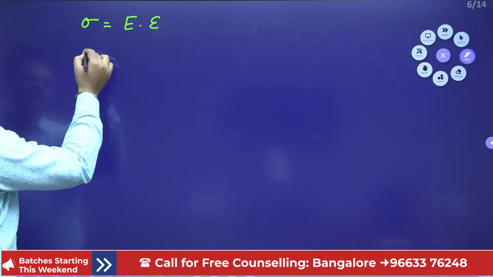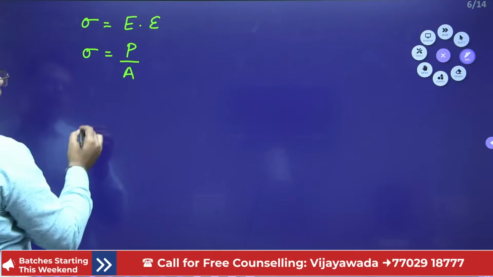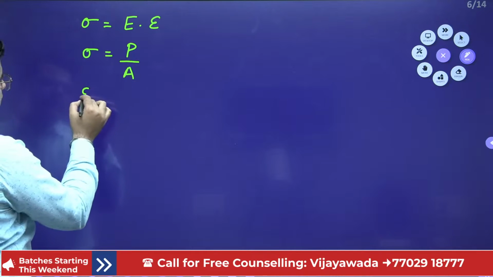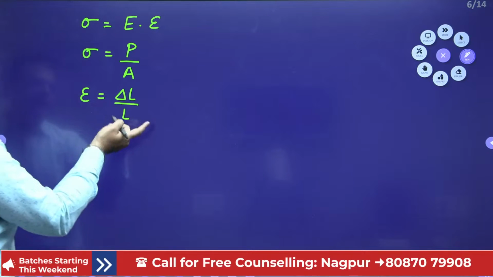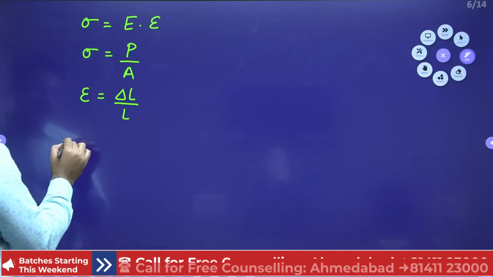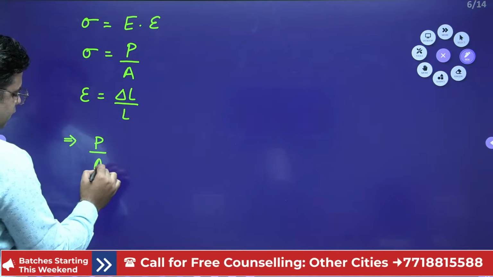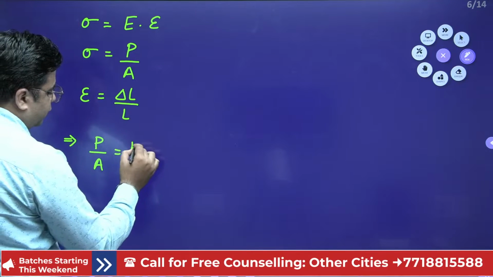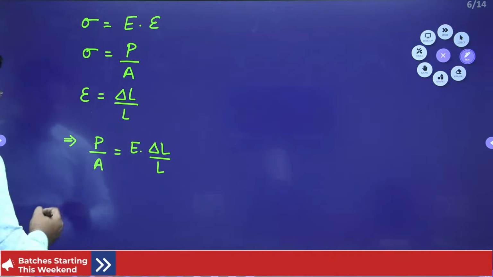This stress is P by A and strain is delta L by L, right? If you just substitute the value, you will get P by A is equal to E times delta L by L. Just take everything this side.